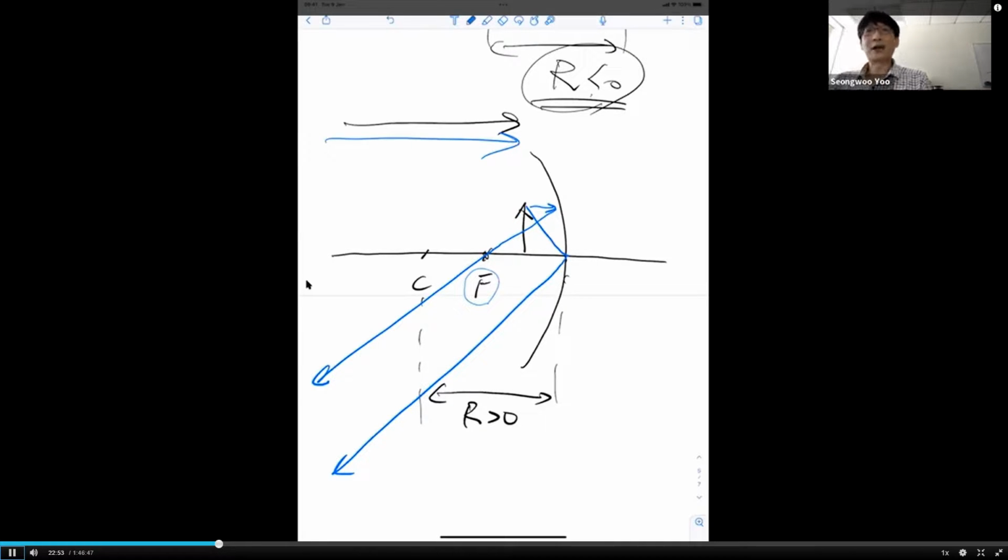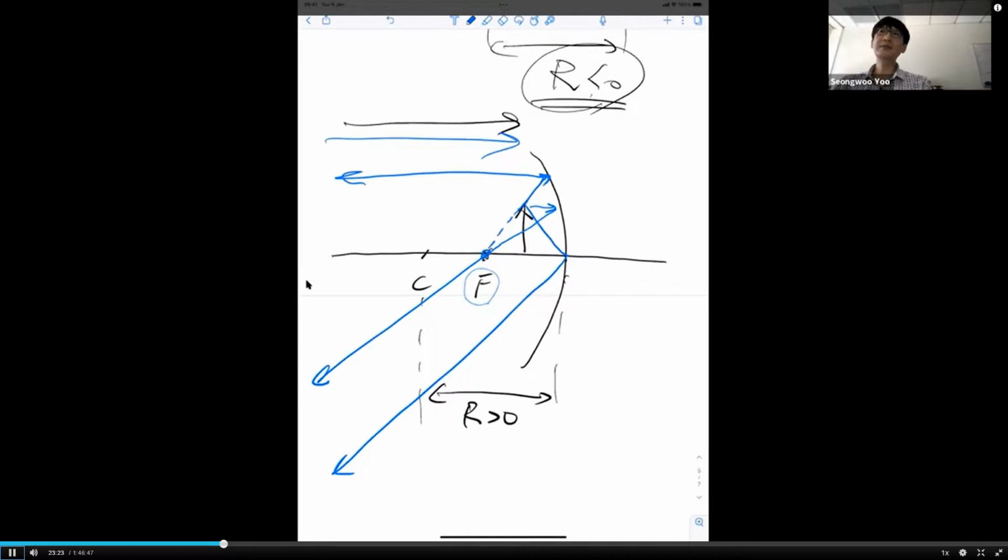My incident ray through this focal point is going to be drawn this way. I connect this focal point to the object using a dashed line, and then extend this dashed line as an incident ray to the mirror. Then this will be reflected parallel to the principal axis.